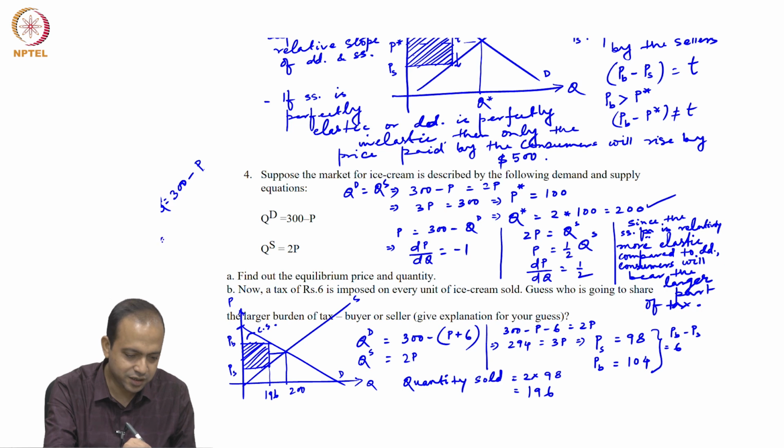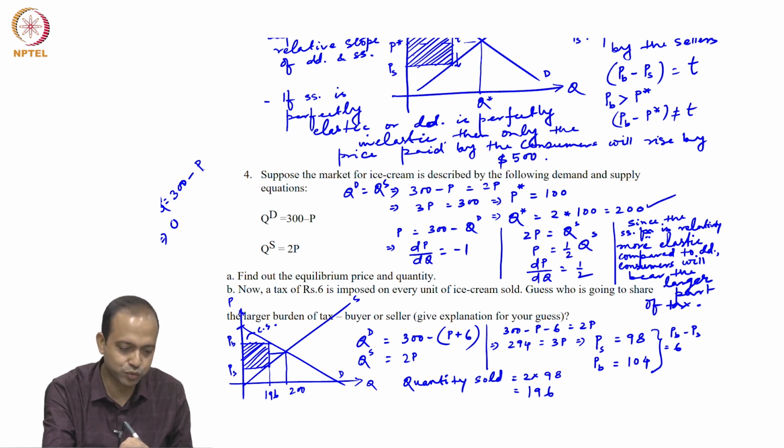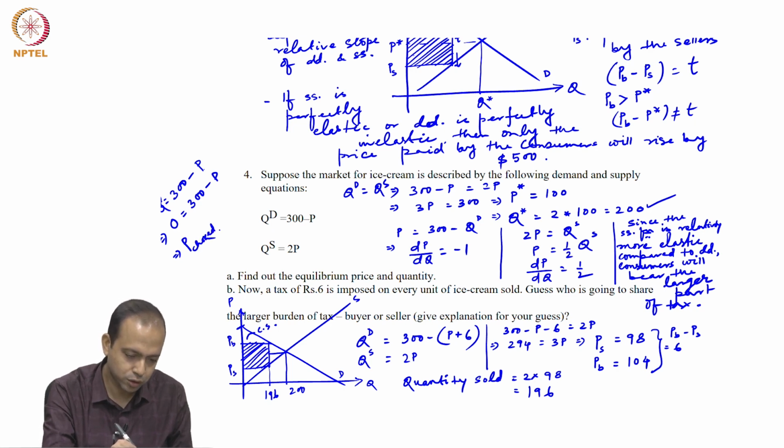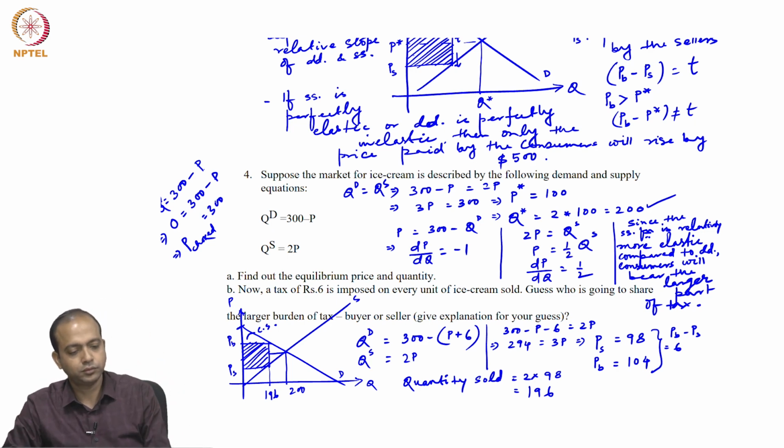Now, if I set this equal to 0, the price at which quantity demand equals 0, 300 minus P, that means I can say that P choked equals 300.